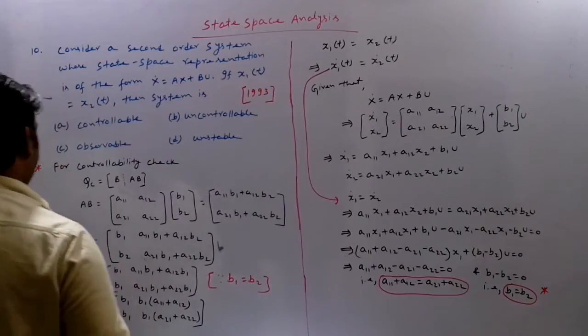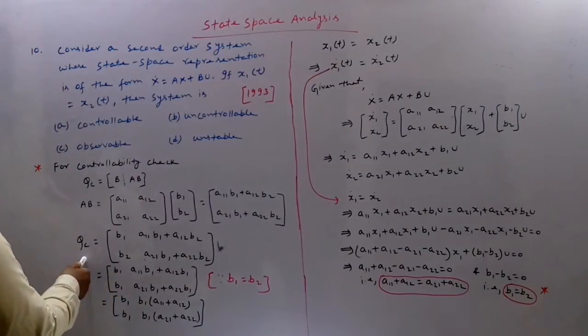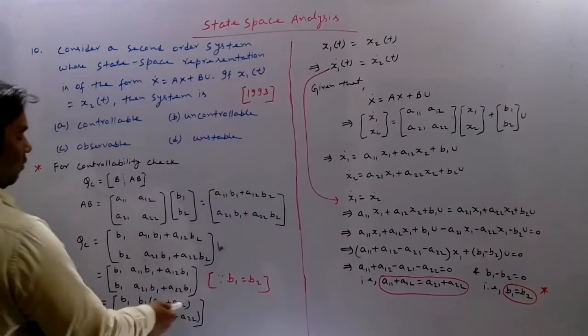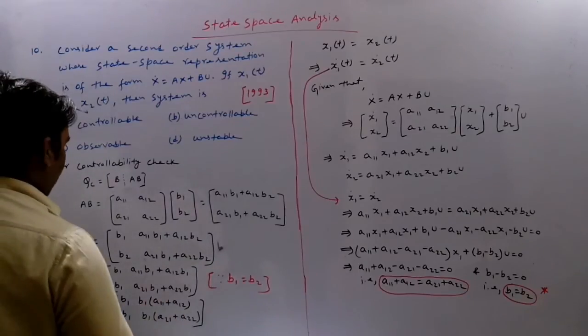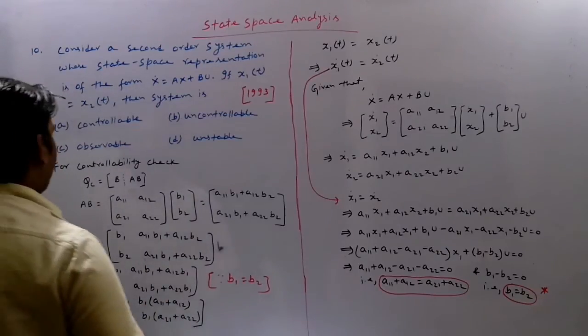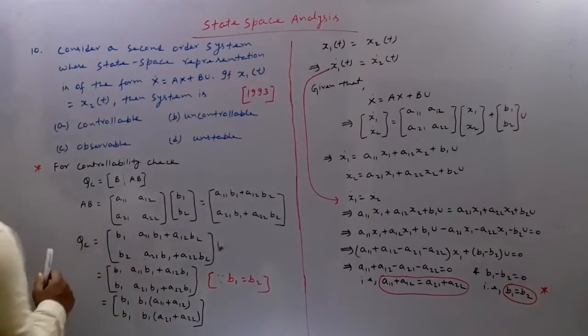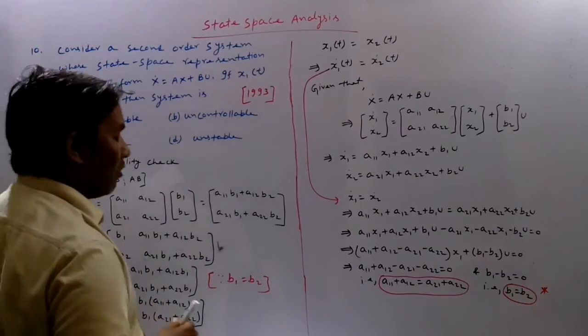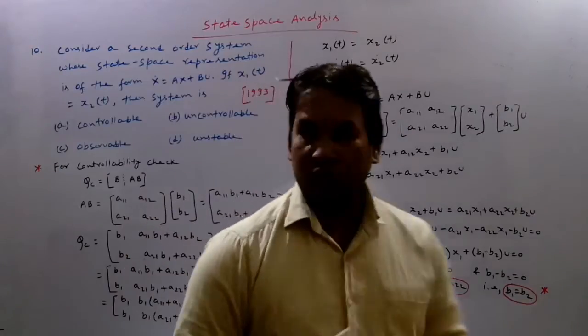And the determinant of QC will be equal to 0, since both the rows are the same, and hence we can say that the system is not controllable because the rank of QC is less than 2.